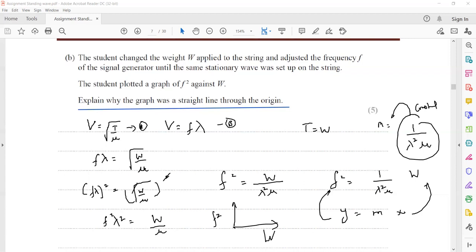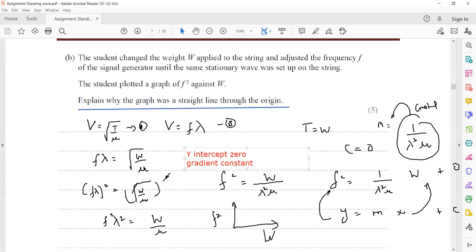And here the line passes through the origin because the y-intercept is 0. Finally, when you conclude, you will mention y-intercept is 0 and gradient is constant. So it will be a straight line which is passing through the origin.